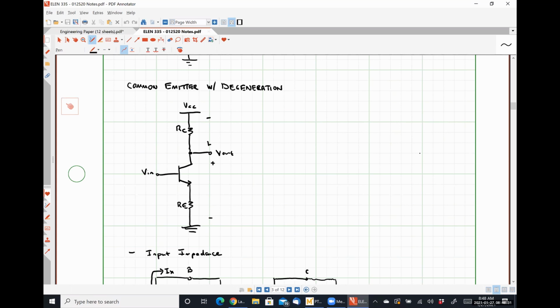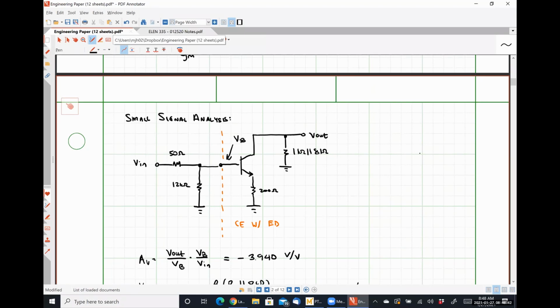So I have a BJT transistor with some resistor between the collector and ground and some resistance between the emitter and ground, which is exactly what everything to the right-hand side of the orange line here looks like. So that's why I used that voltage gain that we've already determined, right? The only change I needed to make was recognizing that RC was these two guys in parallel.